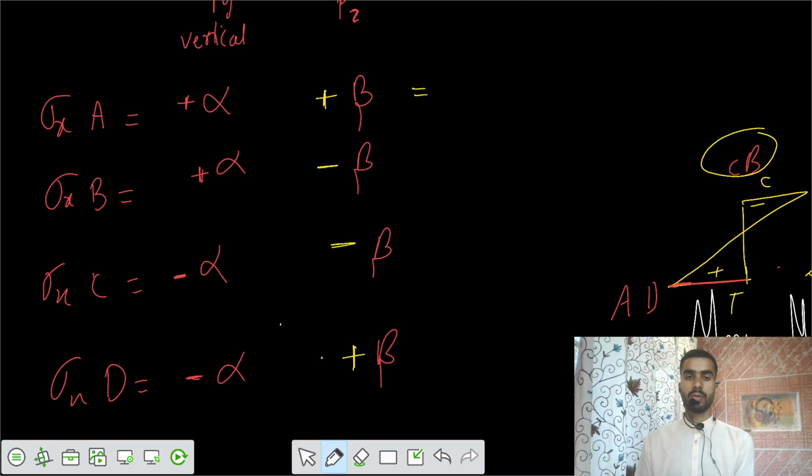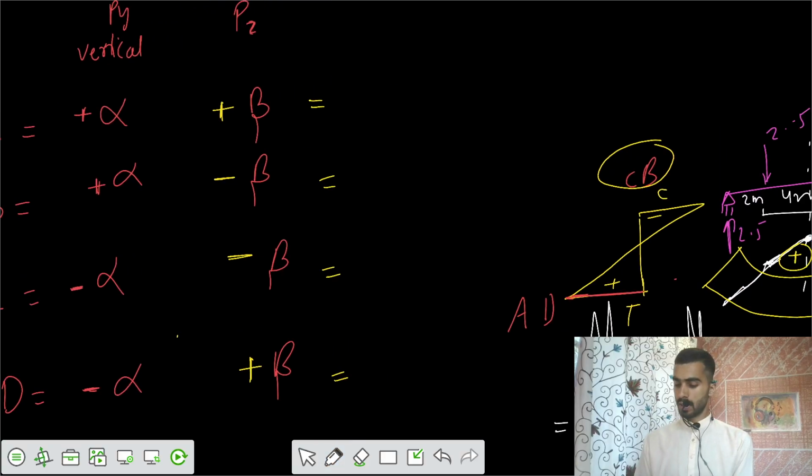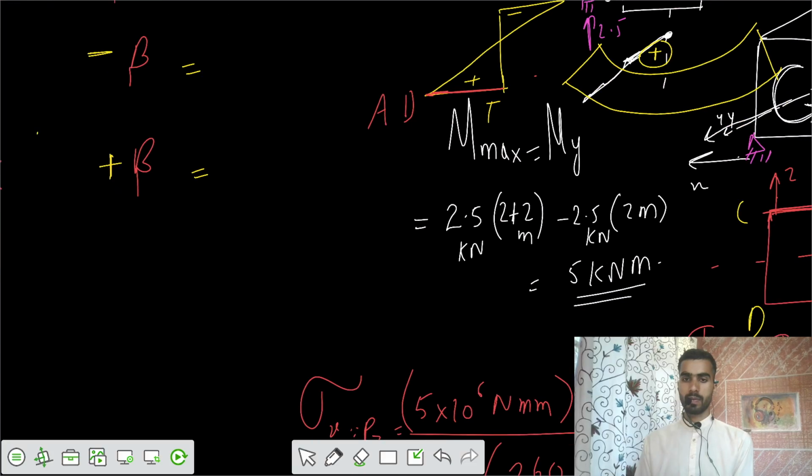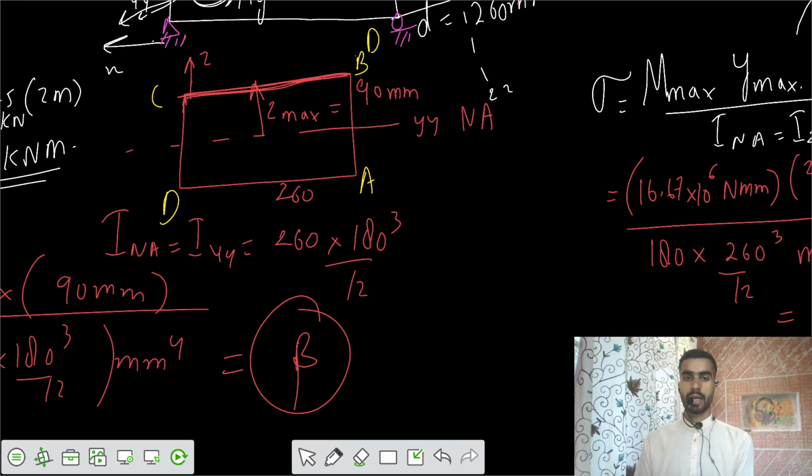So finally you got the values. Finally you can calculate the values alpha, beta. Let's write the values also.